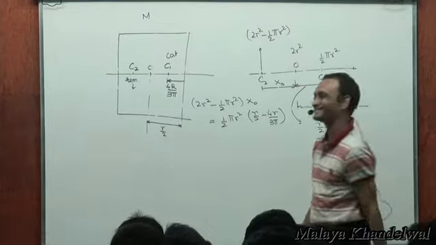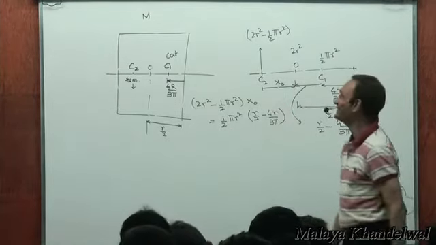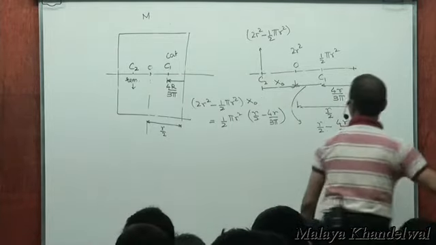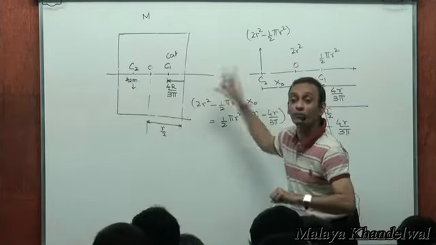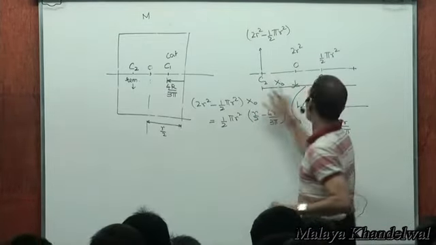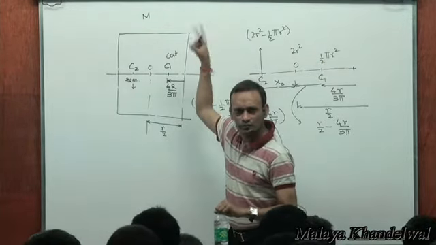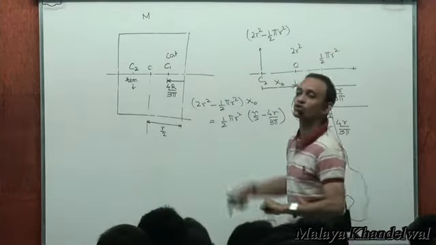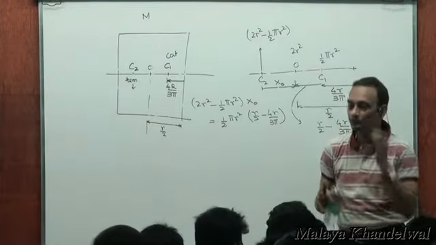Clear? So that'll give you the shift from the original center, right? What we calculated earlier was x from here, but now this equation will give you the shift from the original center by an amount x naught. Clear?